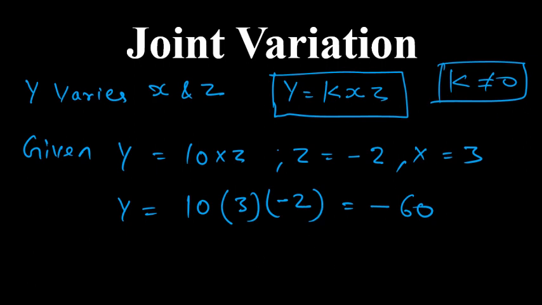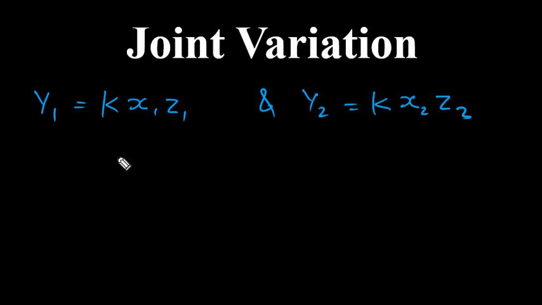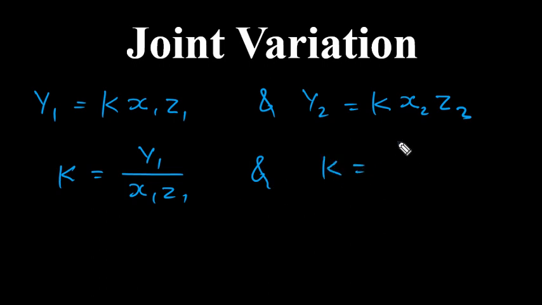Now how can it be advanced? Since the constant of variation remains the same, as I said in the previous video, if you have two cases where y1 equals k x1 z1 and y2 equals k x2 z2, then the constant of variation k will be y1 over x1 z1, and also y2 over x2 z2.